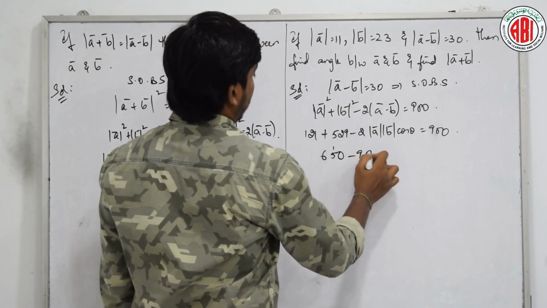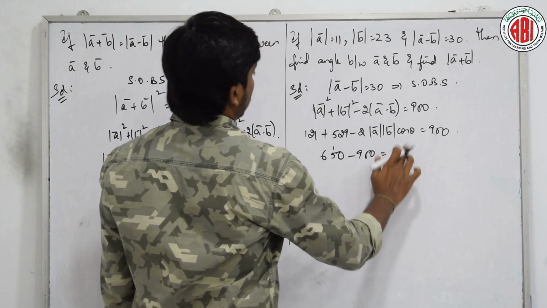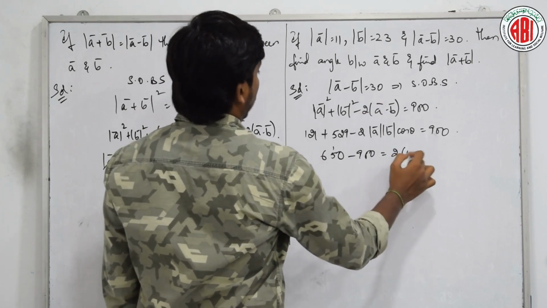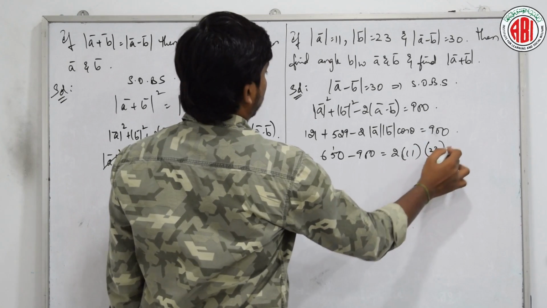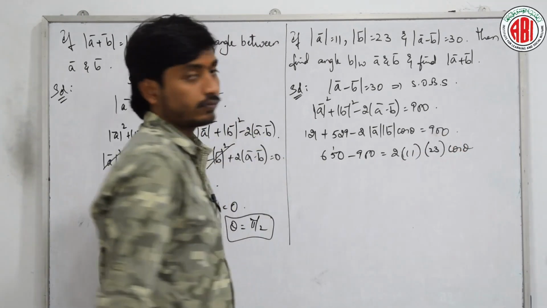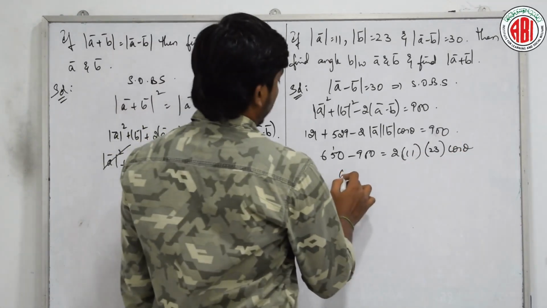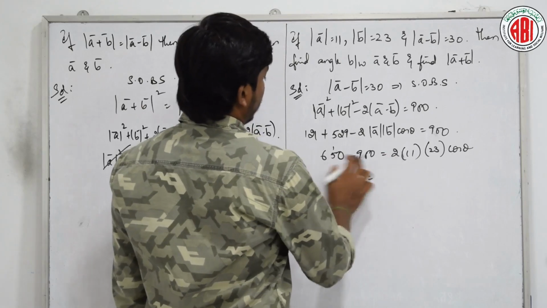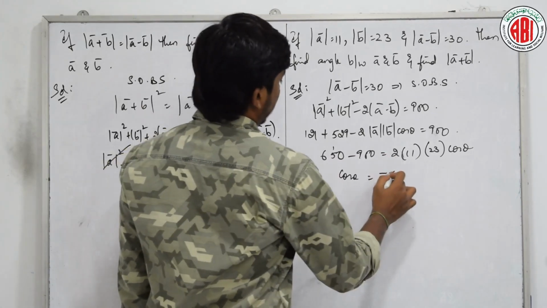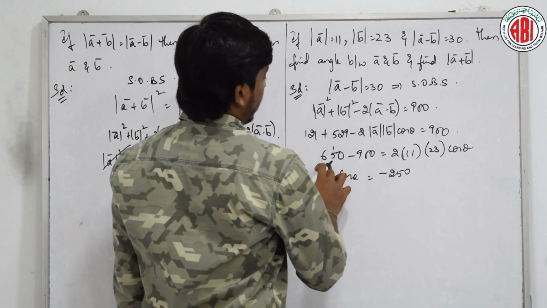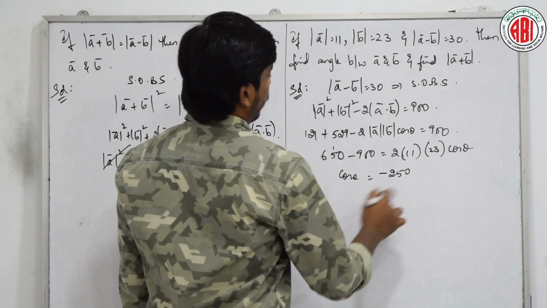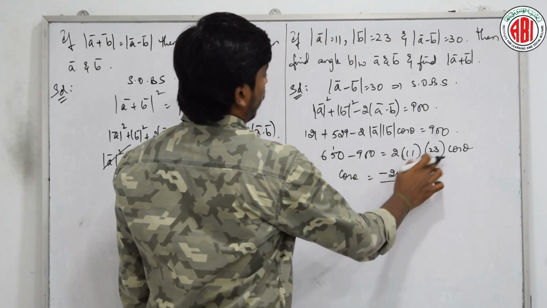This 900 will come this side, and 2 into mod a, which is 11, mod b, which is 23, cos theta. Clear? Therefore, cos theta is equal to 650 minus 900, that is minus 250, divided by 2 into 11 into 23.